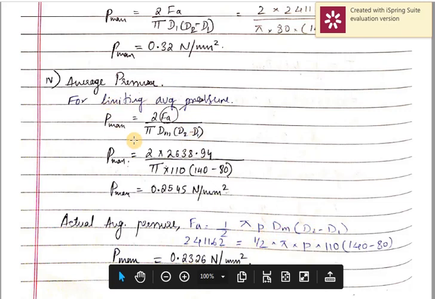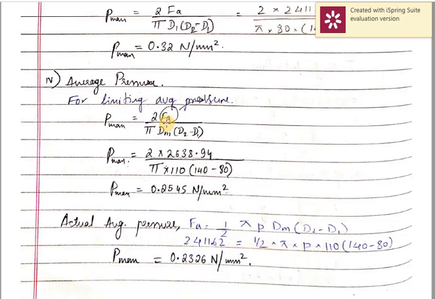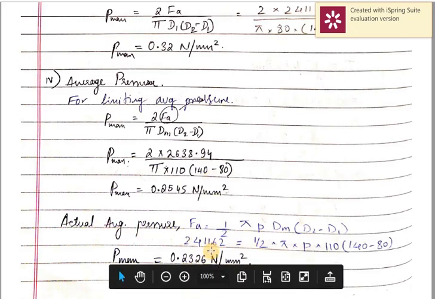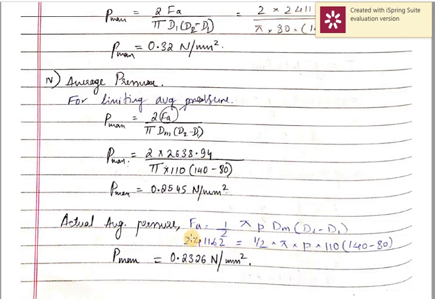Again I have modified the same equation, I have written it for the axial force. So here to find actual average pressure, you have to substitute axial force as actual axial force required as 2411.62.